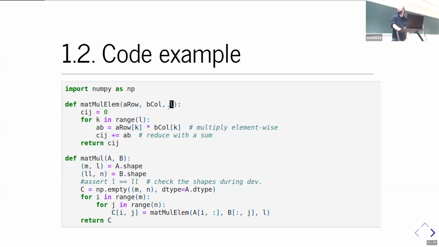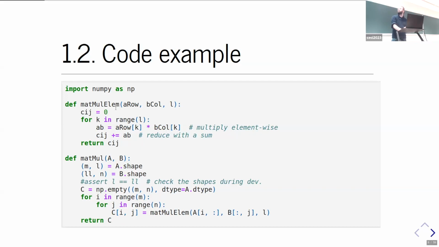At this stage they are vectors, only 1 dimension. For Cij, I iterate over L using k, and I take the kth element of the ith row of A and the kth element of the jth column of B. This is element-wise multiplication, and then I agglomerate all of that by summing them together into Cij.